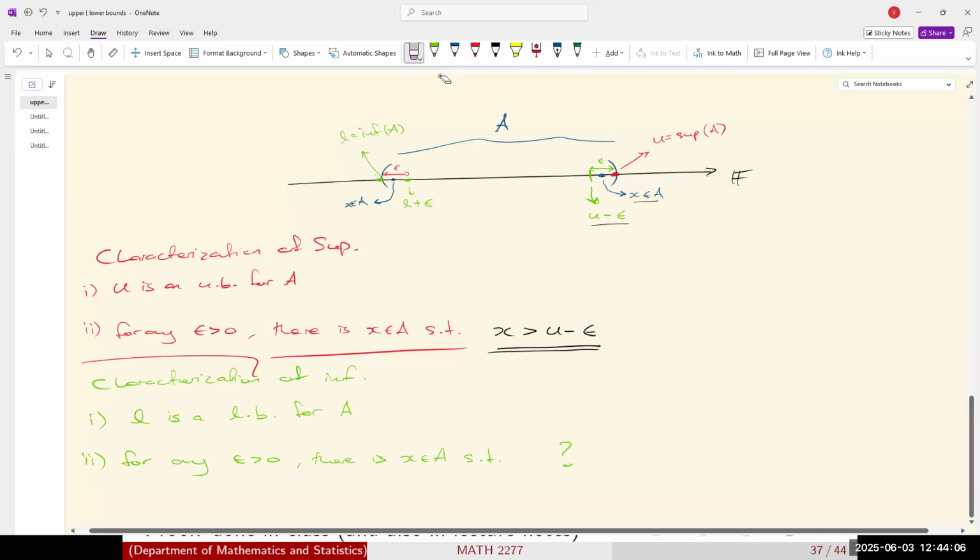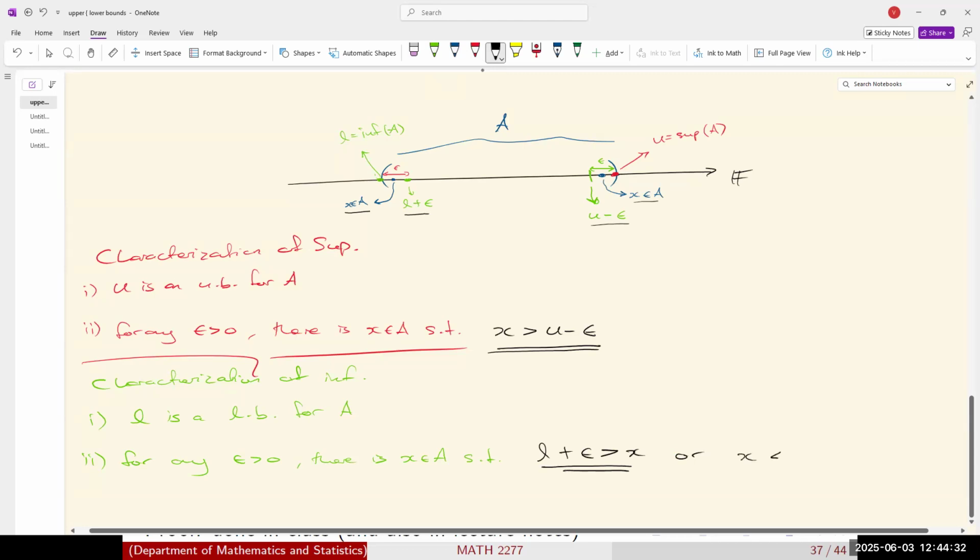Okay, so the mystery condition is, I just need to write what is the relationship between X and this number, L plus epsilon. Which one's bigger, which one is smaller? So it's clear that L plus epsilon is the bigger one, bigger than X. Or if you want to, you could write it the other way.